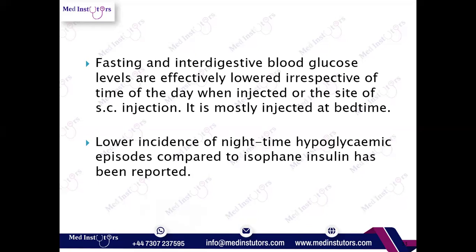Later on, glargine was discovered and developed, and it lowered the incidence of nighttime hypoglycemic episodes, because with NPH, the problem was that whenever the patient was given NPH in the night, sometimes later on in the night, the patient developed hypoglycemia. So that's a very dangerous condition. That problem was decreased with the introduction of glargine. So a lower incidence of nighttime hypoglycemic episodes compared to isophane has been reported with glargine.